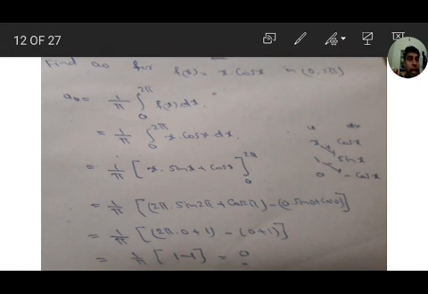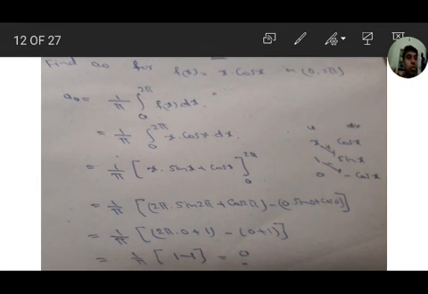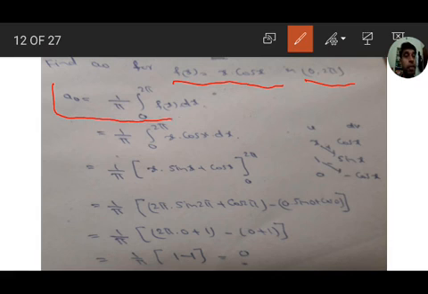Next, find a naught for f of x equal to x into cos x in 0 to 2 pi. Here also the limits are 0 to 2 pi. So the a naught formula is 1 by pi integration 0 to 2 pi f of x dx.